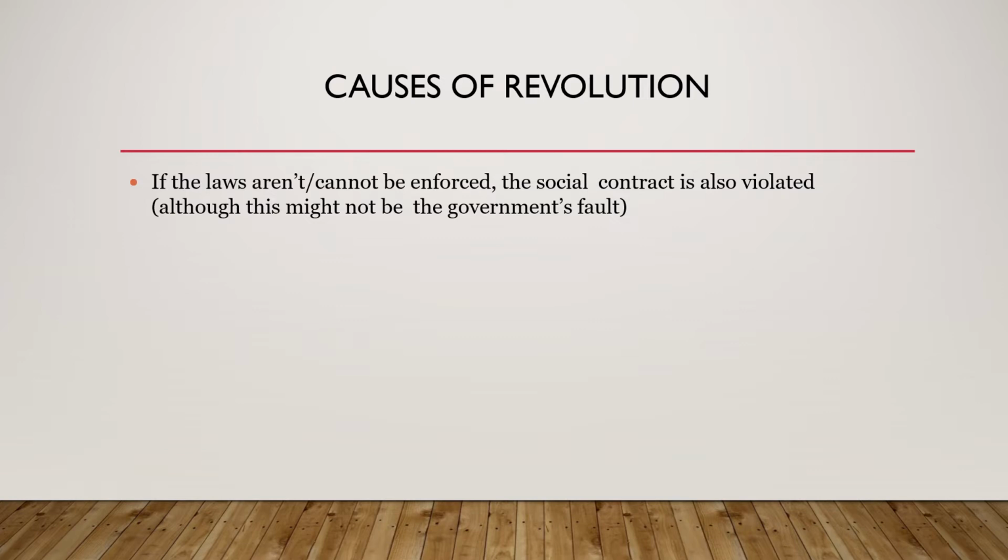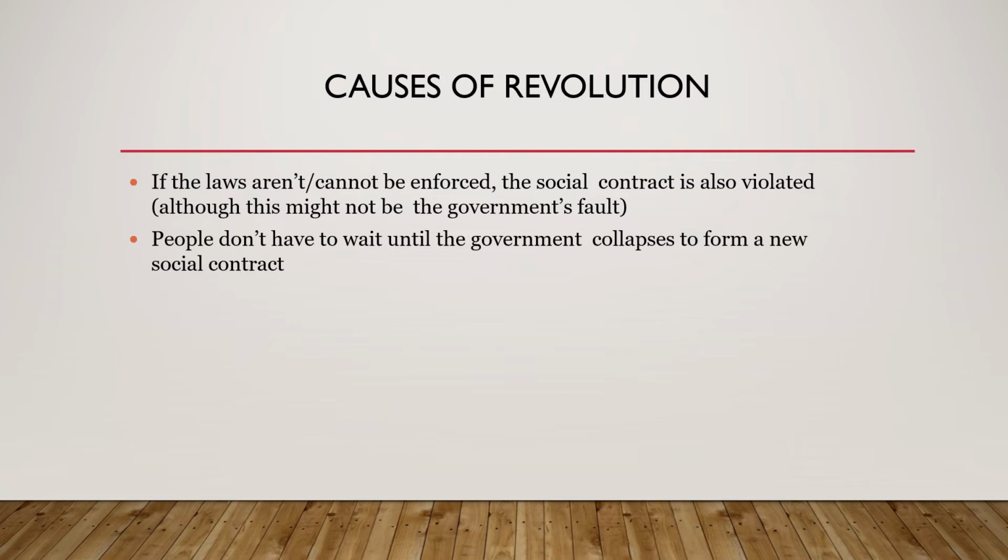And it might not even be the government's fault, right? If there's economic collapse or if there's an invasion of some sort, the contract can be broken, and the people are then free to align themselves with whatever group of people they think will secure their liberties again or govern in the way that they would agree to. So the laws can't or won't be enforced.